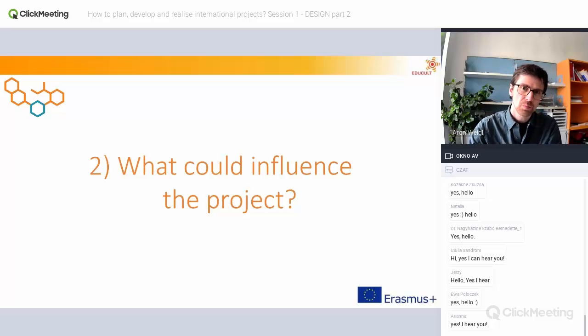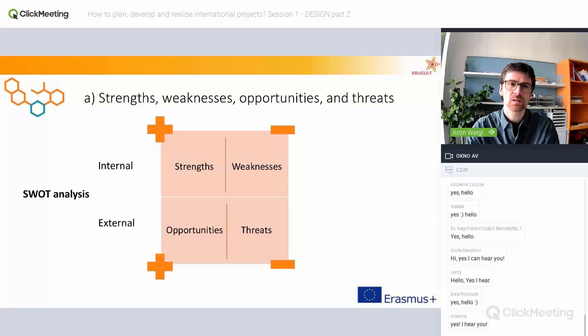A very common tool, and probably you know that already, but I will tell again because this has some connections also to the international part, is the SWOT analysis. It's really probably the most commonly used tool for strategic planning.